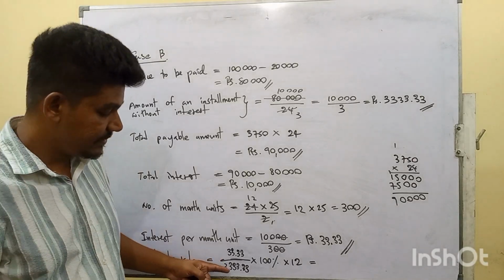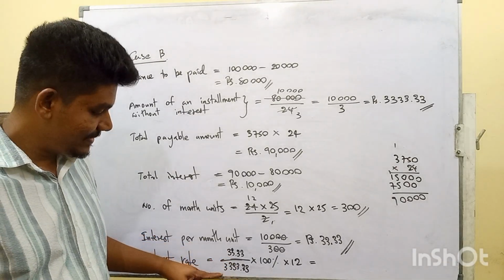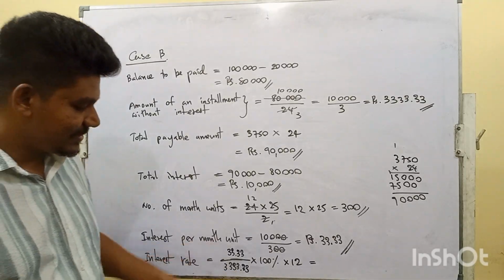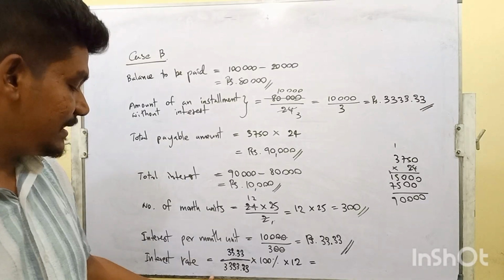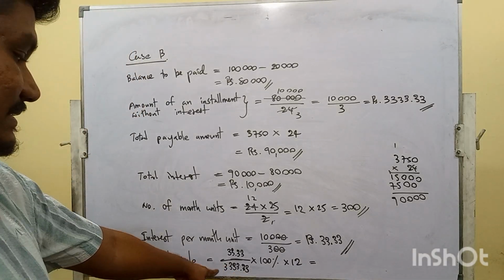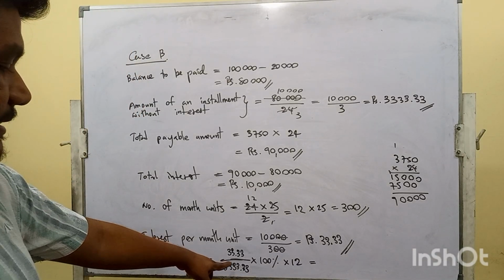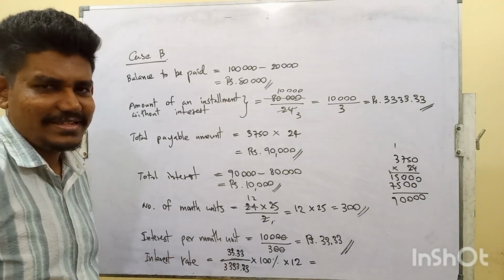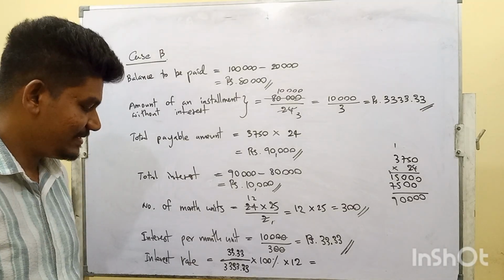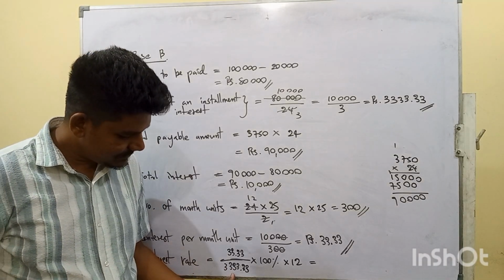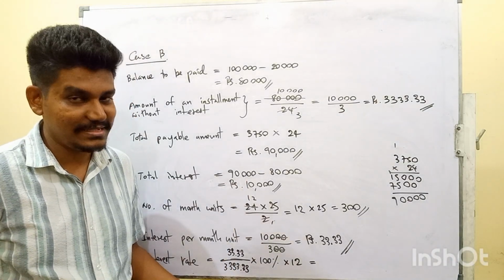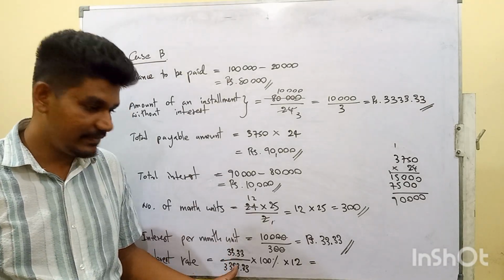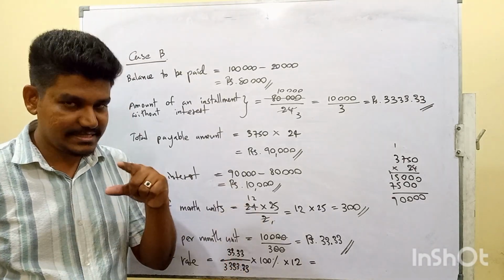How can we simplify them? 33.33 and 3,333.33 can be simplified. So how many times are there? We can divide. 3,333.33 divided by 33.33. What is it? Can you see? Is there some relationship? Here there are 2 more 3's before the decimal point. This can be obtained by shifting the decimal point 2 places to the right.